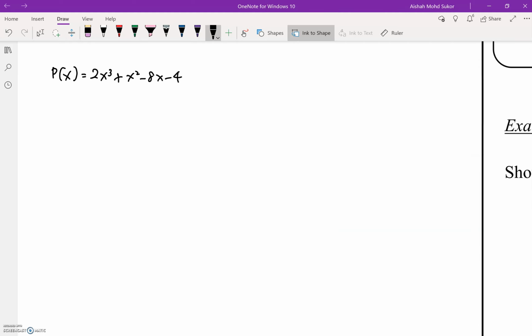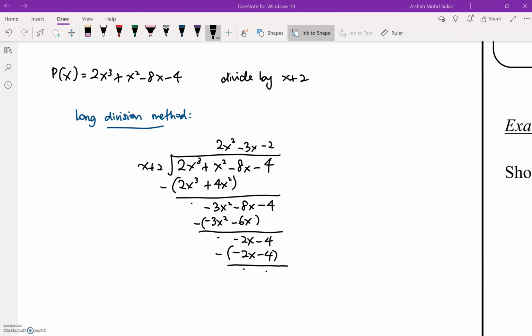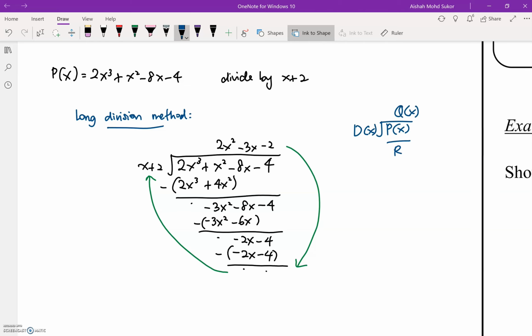Given that x plus 2 is a factor, p(x) will be divided by x plus 2. You have to make sure when you perform the long division method, you will end up with no remainder. Recall that when we have a polynomial divided by a divisor, we will have a quotient and a remainder.